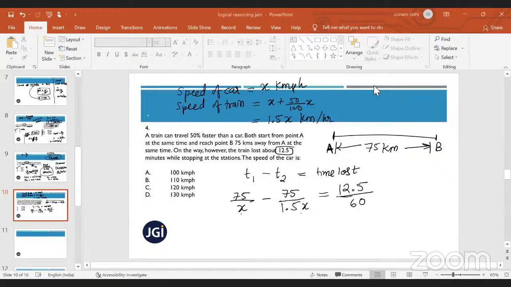If I remove this decimal, I will get 0 here. If I remove the decimal, I will get 0 here. So 75 upon x minus 750 upon 15x is equal to 125 upon 600.